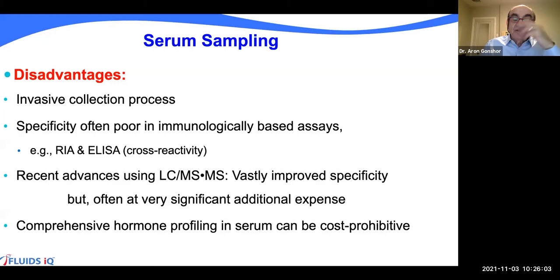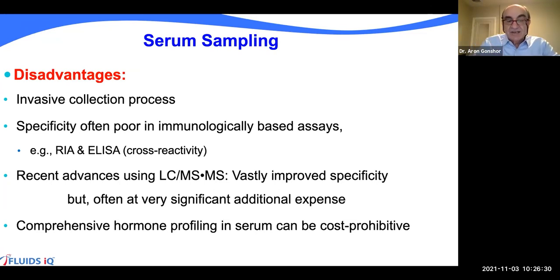And serum, by its nature, for that kind of testing is invasive. You do have to put a needle in someone's arm, and so it is an invasive collection process. And we do know that there is, in some cases, a pretty poor specificity for some of the immunological based assays when it comes to certain types of sex hormone assaying.